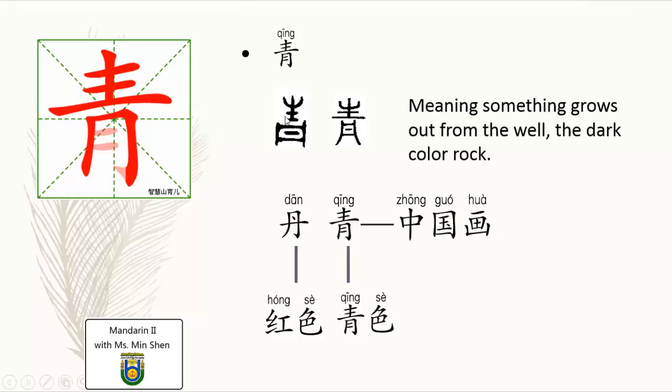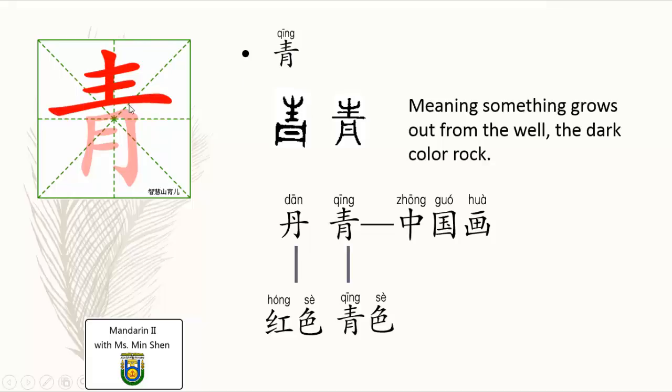Actually, it's the same as the original picture of the character Sheng, the young sprout. Then combine them together, meaning something comes out or grows out from the well on the ground, right? So later it still keeps the well and something growing out.